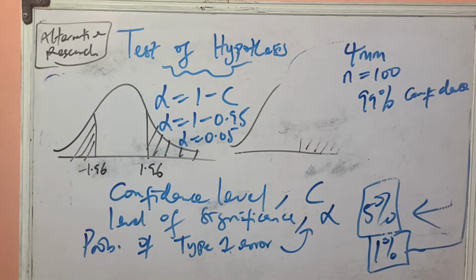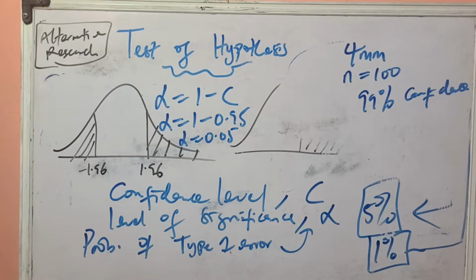So a company has stated that their straw machine makes straw that are 4 millimeter diameter. That's what the company is saying. The worker believes the machine no longer makes straw of this size and samples 100 straws. So he takes a sample of 100 straws to perform a hypothesis test with 99% confidence.